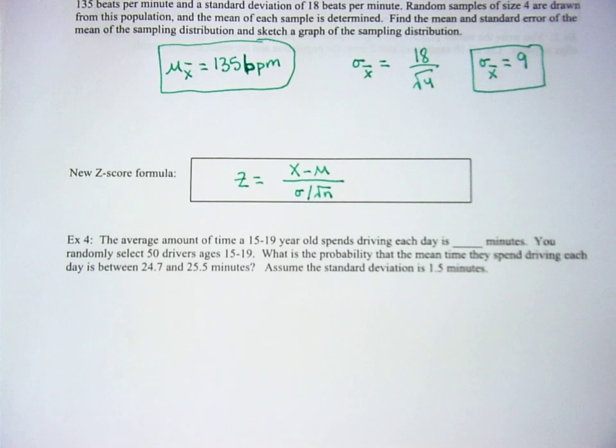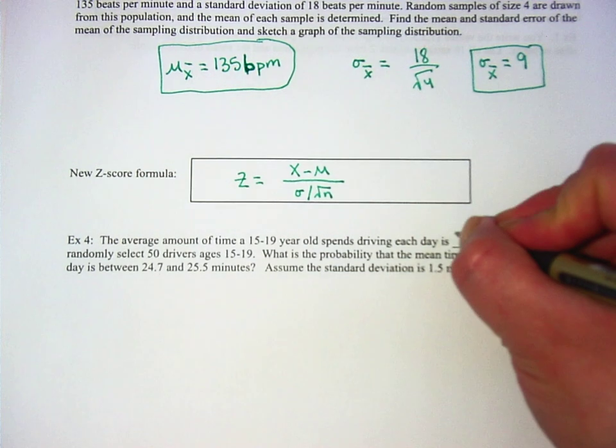All right, the average amount of time that 15 to 19-year-olds spend driving. Want to take a guess per day? I think the average amount of time. 45. Nope, way lower. 23. 25. Pretty close. 25 minutes.